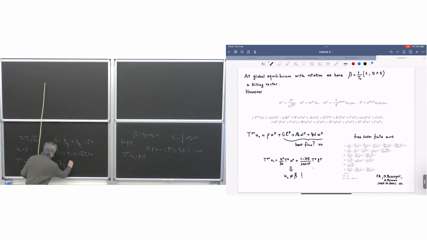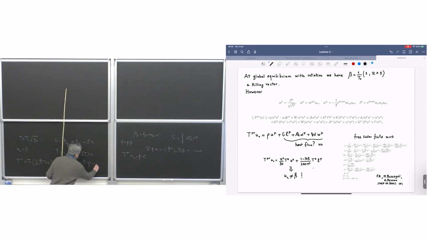This is given by this expression as we've seen with B and omega constants, T mu nu. Okay? So you can calculate this with a beta field which corresponds to global equilibrium, and it is determined by these two constants, B and omega. And this is possible, and in general, it has this kind of decomposition.